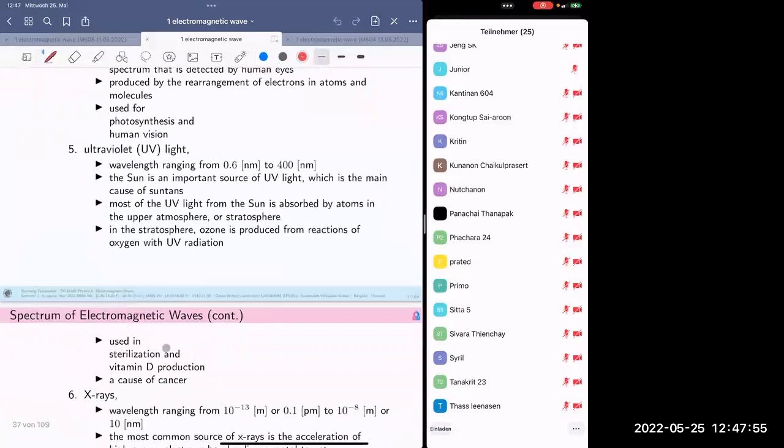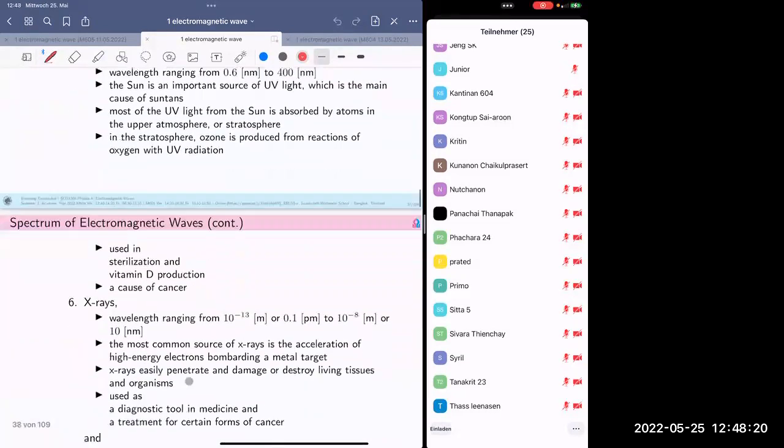Ultraviolet is used for sterilization, in order to keep milk lasting longer, and also for vitamin D production in the human body. And unfortunately, the ultraviolet light is a cause of cancer.